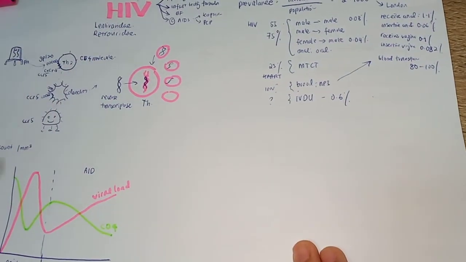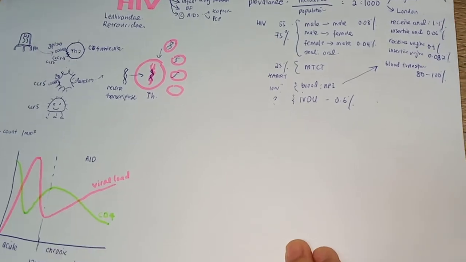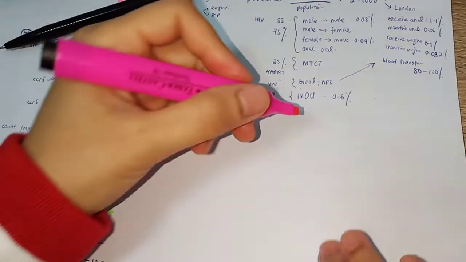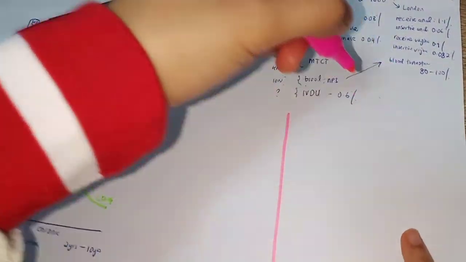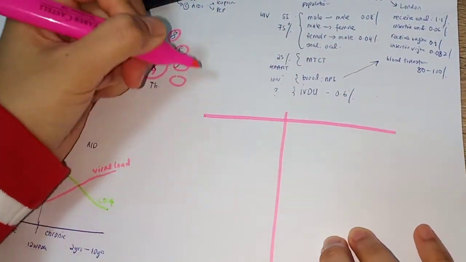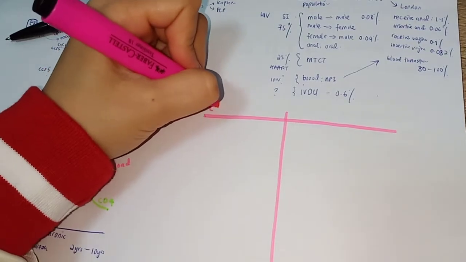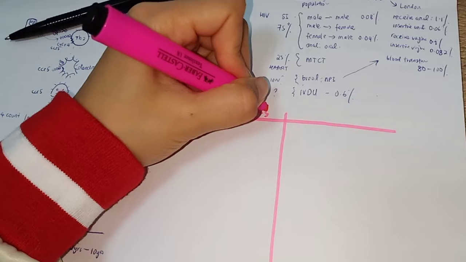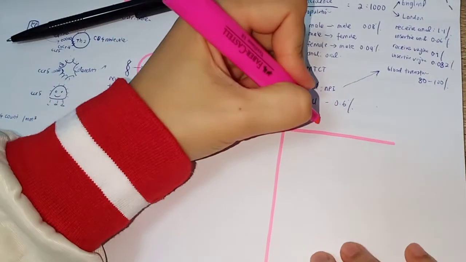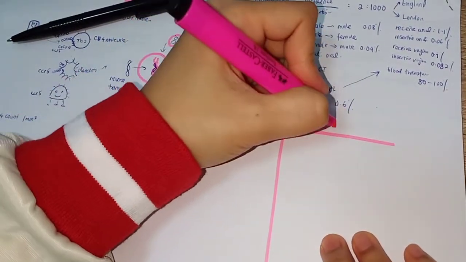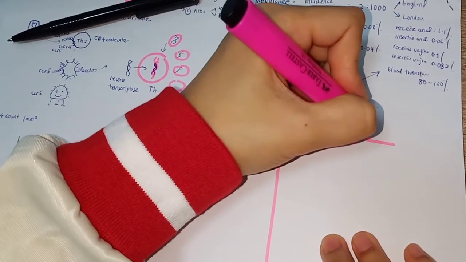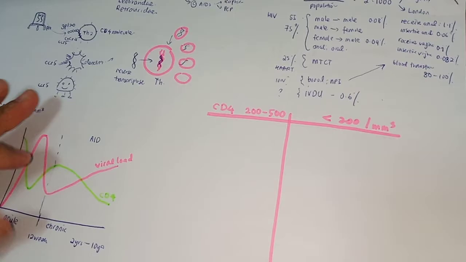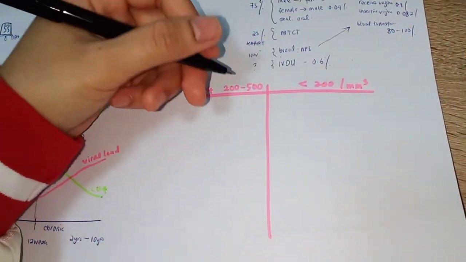Then what I want to talk about are the symptoms the patient starts to have in response to the CD4 count. If the CD4 count is 200 to 500, or even worse, less than 200 per millimeter cubed, what happens?